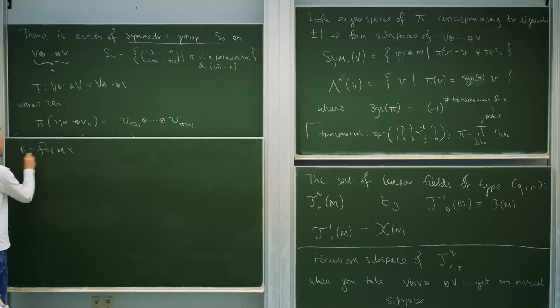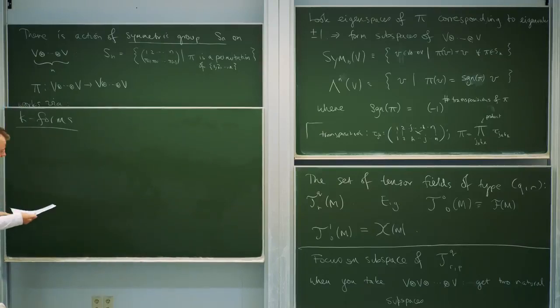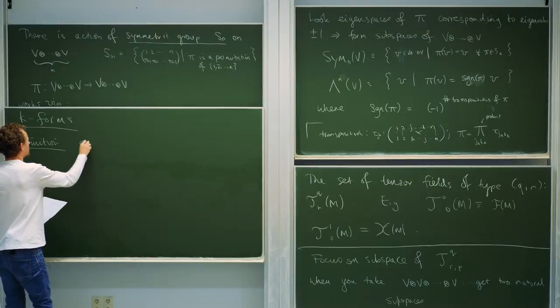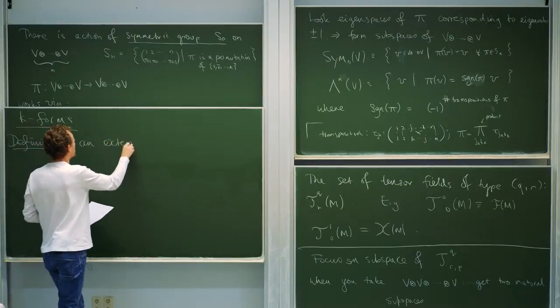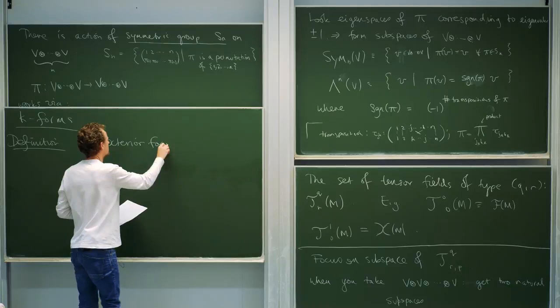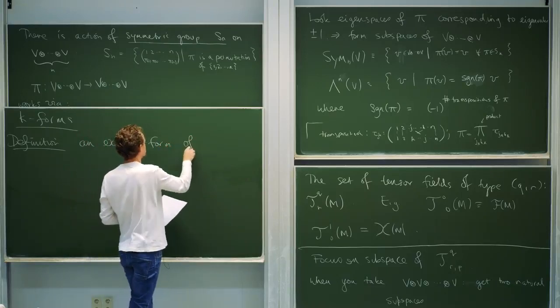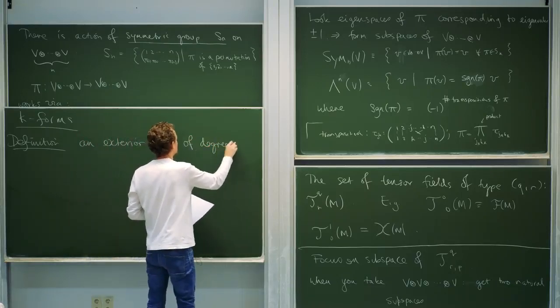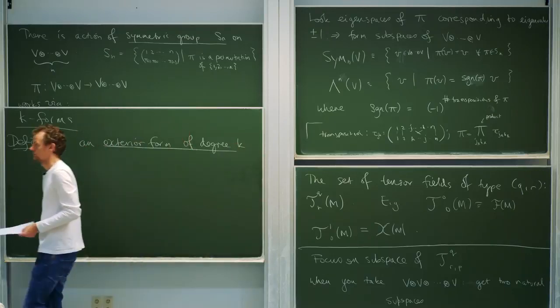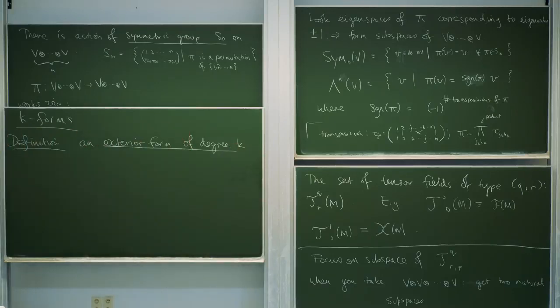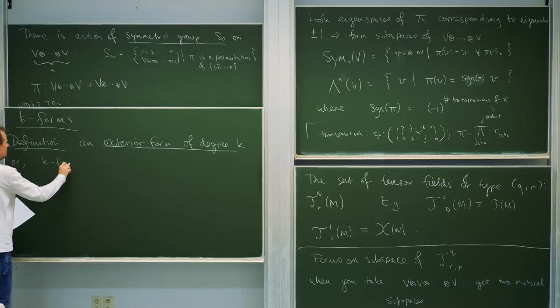All right, now we come to our favorite subspace for integration of the set of all tensors, k-forms. Here's our definition. We're defining things called exterior forms of degrees k, or k-forms.